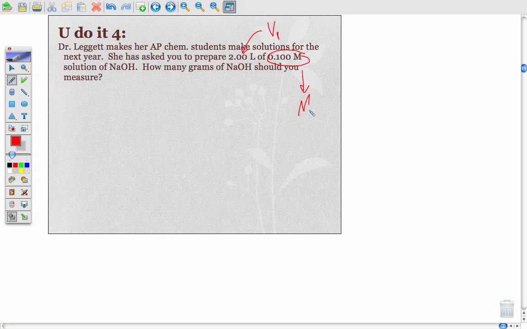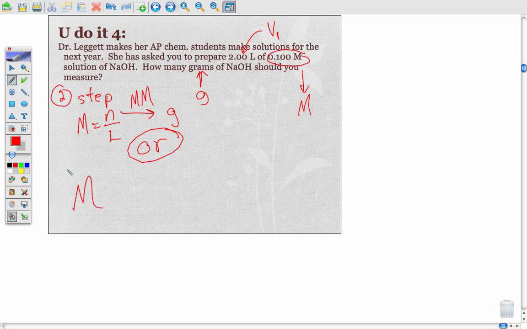And this is your molarity, and it asks you how many grams. Now, you can do this in 2 steps if you want. The 2-step way would be to first use the molarity formula, solve for moles, and then once you have moles, you use the molar mass to go from moles to mass, and you are more than welcome to do this.